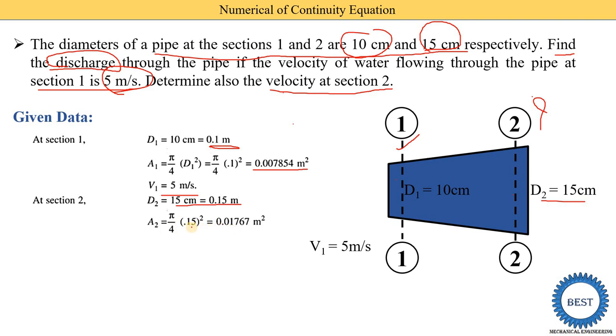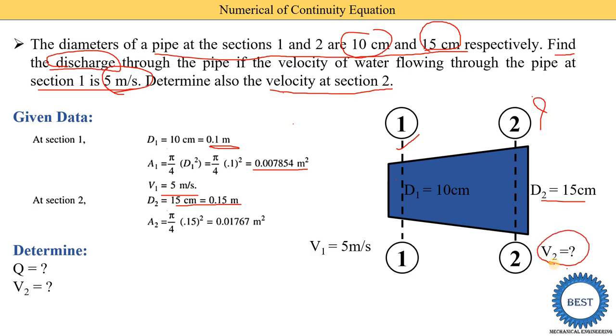So here we get the area at section 2, and we need to determine Q. So here we mention that first we need to find out the discharge Q, and second we need to find out velocity at section 2, the V2.